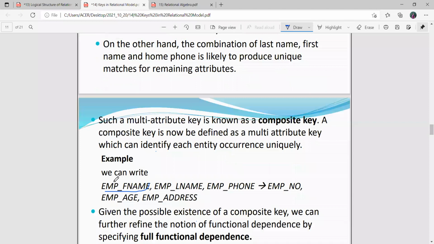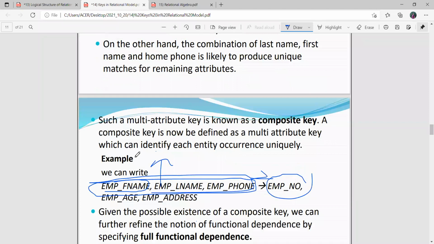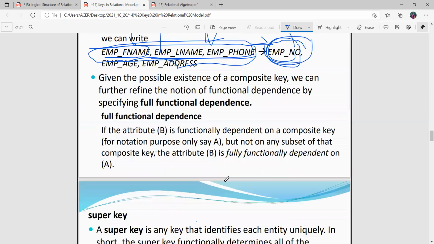When all these three attributes together determine this employee number, this is a composite key. At that time, we can say this employee number is fully functionally dependent on these three attributes, or this composite key.